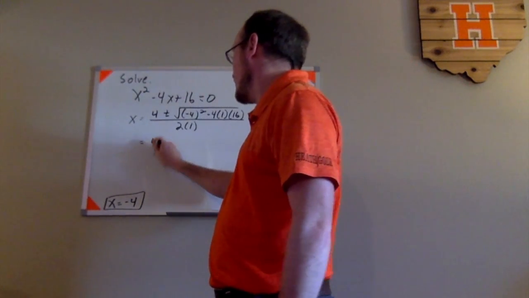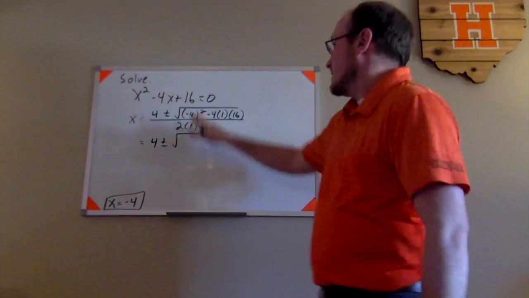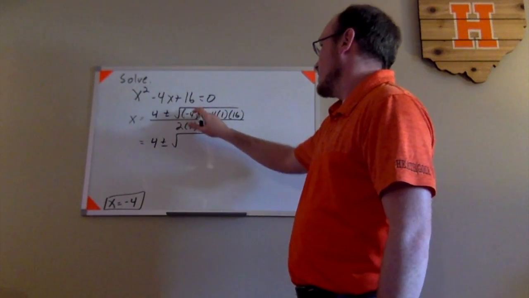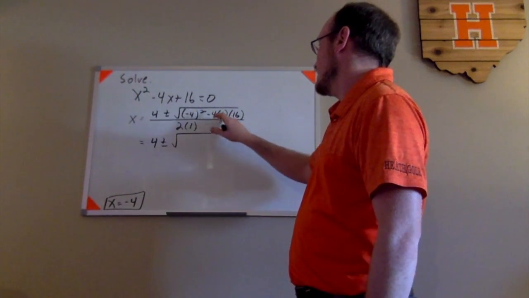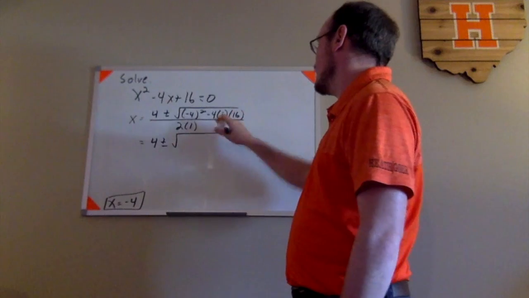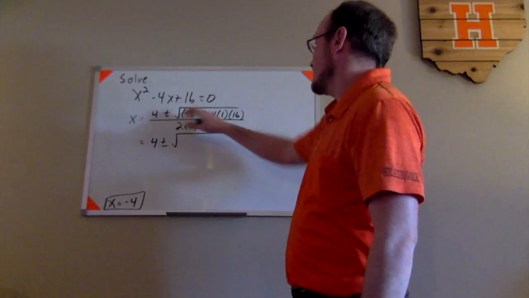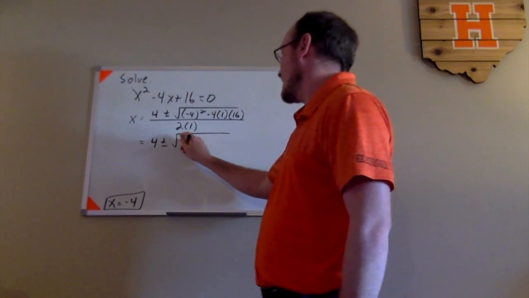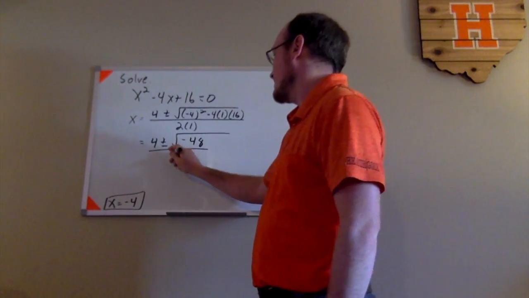So we have 4 plus or minus the square root of, let's see, negative 4 squared is 16 right there, and then minus 4 times 1 times 16, so that's minus 64 right there. So 16 minus 64, that's a negative 48, all divided by 2 times 1 is 2.